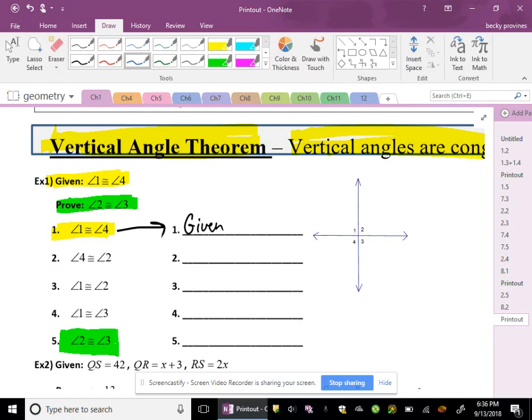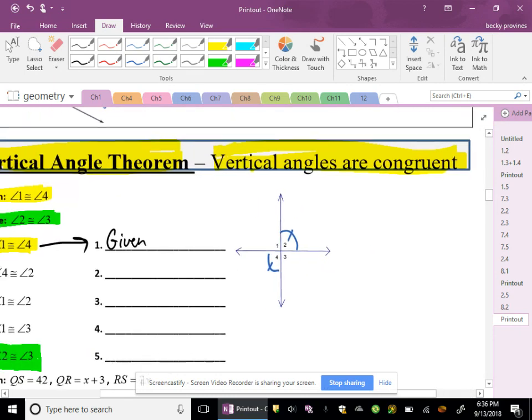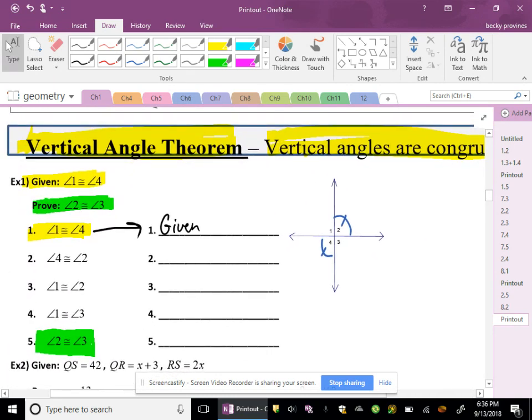So let's look at step number 2. It says angle 4 is congruent to angle 2. I look at the picture and I see that angle 4 and angle 2 are congruent. How do I know that? Because when I look at the picture, they're vertical angles. When you see the vertical angle theorem, we can write out the words vertical angle theorem.